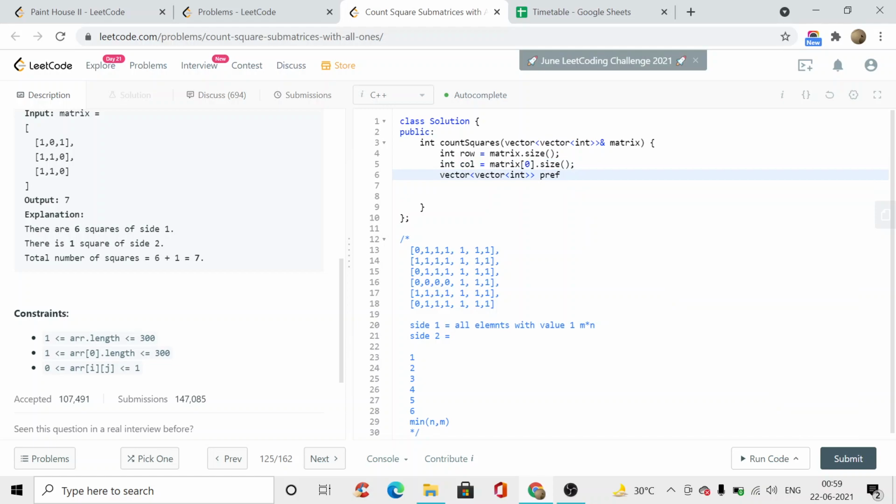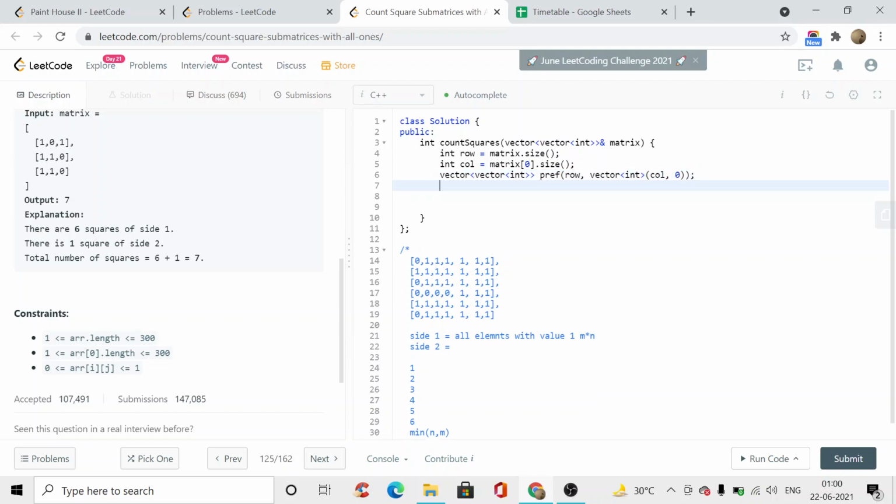Then prefix is actually the number of rows, and vector int, and all places are going to be 0 initially. But we are also going to add something. No, we don't need to add, otherwise it will be difficult to get what was the value above it and below it when we are trying to find the square sum of some square.